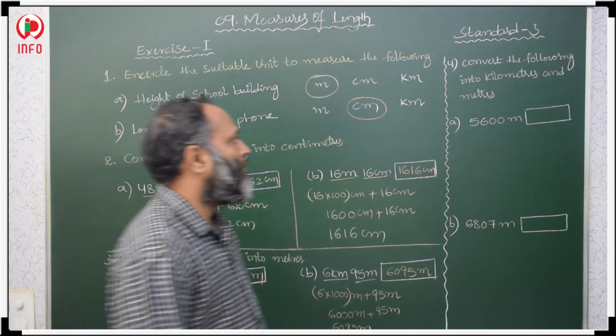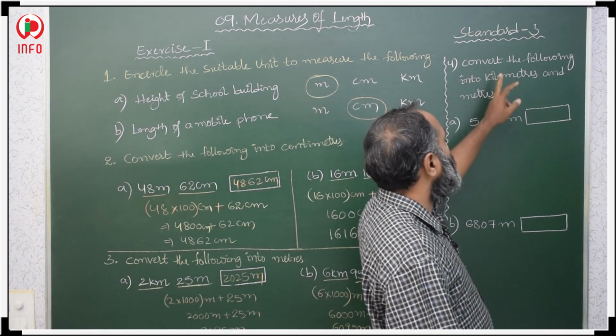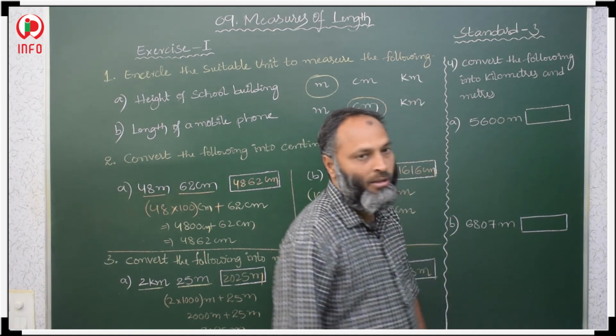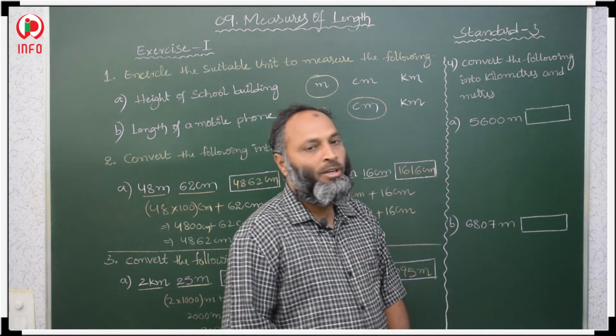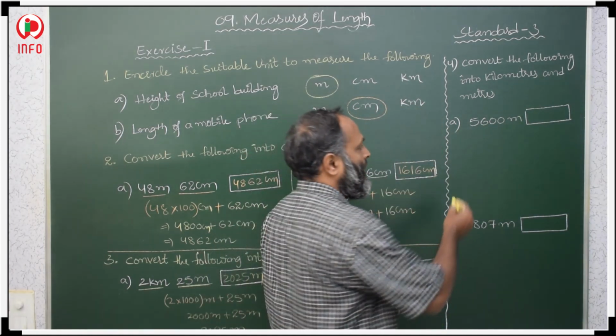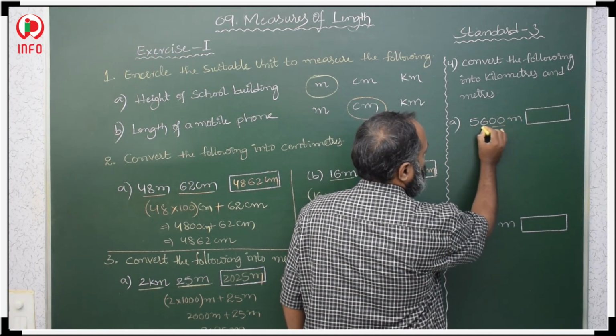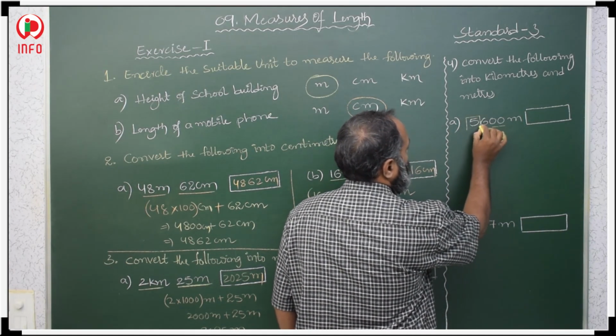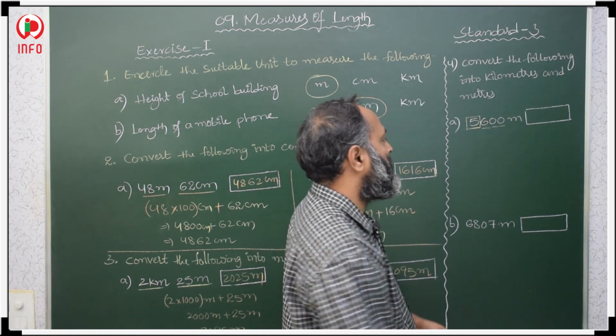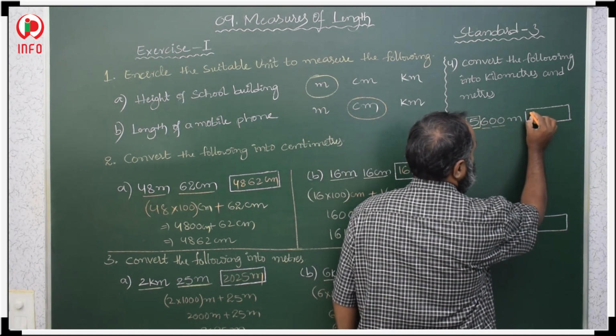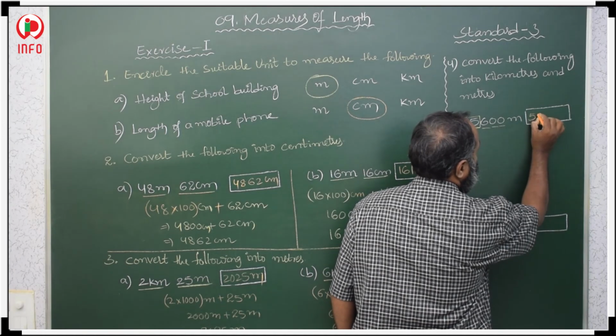Okay. Now, the fourth one, convert the following into kilometers and meters. Here the measure is given in meters, and we have to convert to kilometers and meters. How to convert? First, second, third, fourth place. We separate the fourth place, the thousands place, that is 5, and write kilometers.